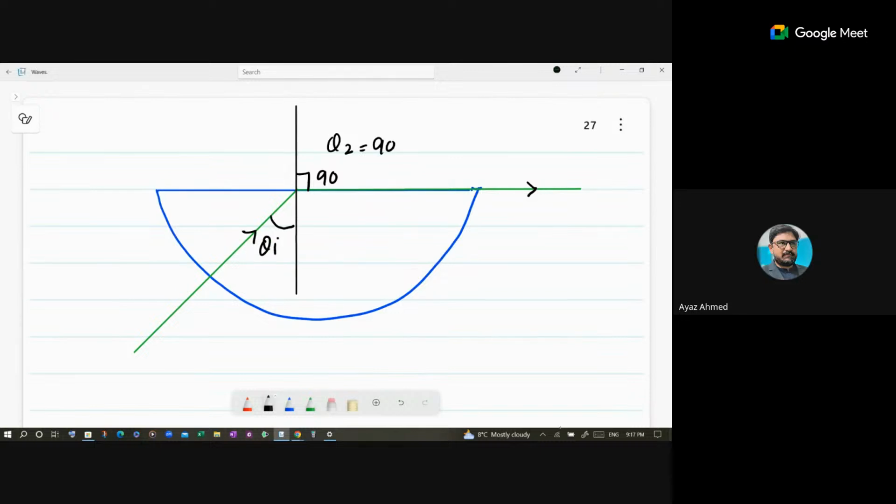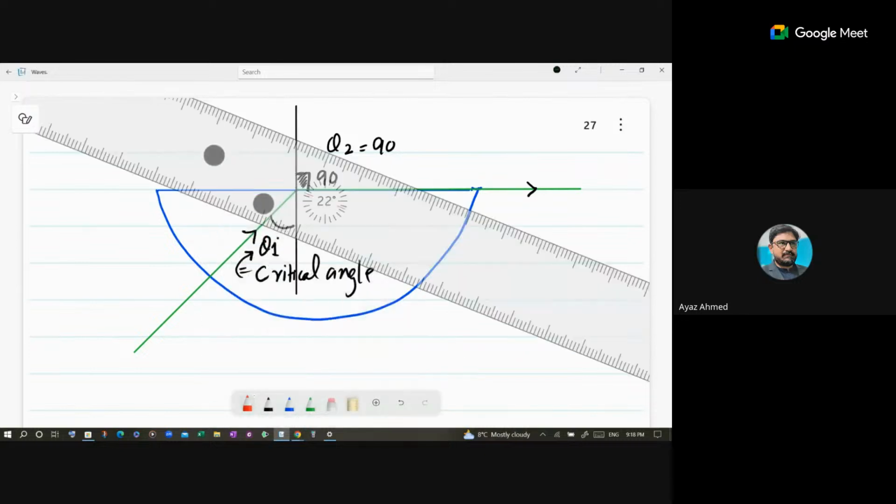This is your theta 1, and that theta is called your critical angle. What do we call this angle? Critical angle. So that angle of incidence at which refraction, or the angle of the emergent light, becomes 90 degrees with the normal, or the light becomes parallel to the boundary. Got it? Are you getting this thing?